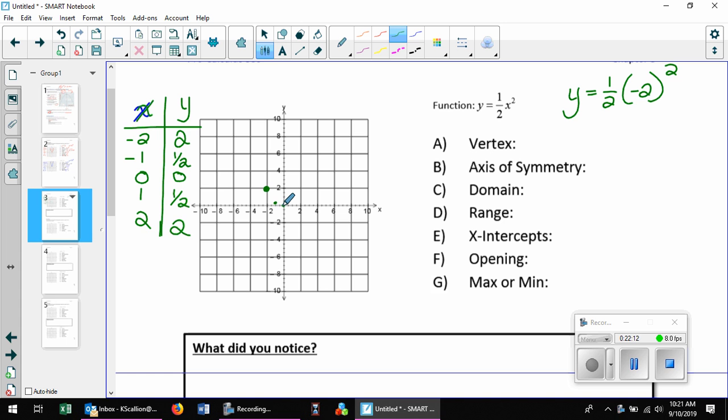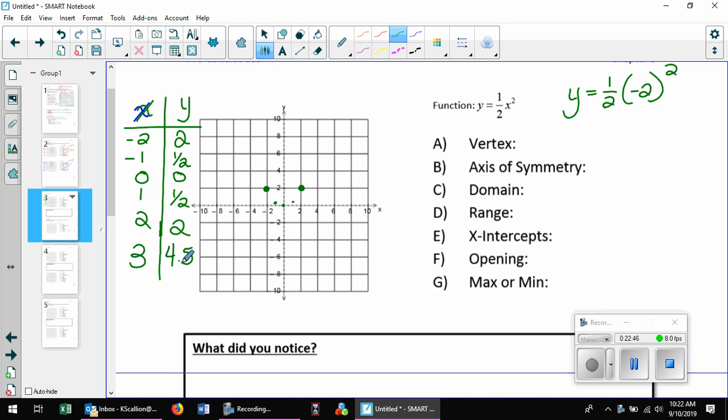Ooh, let's add another one in here just for funsies. So we see another point. Let's add in -3 and +3. Let's do +3 because I can continue my table. Right? So 3 squared is 9. 9 times a half is, what's half of 9? 4.5, right?